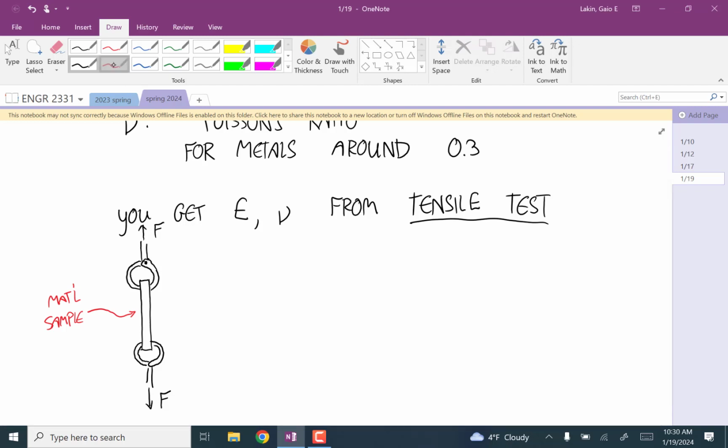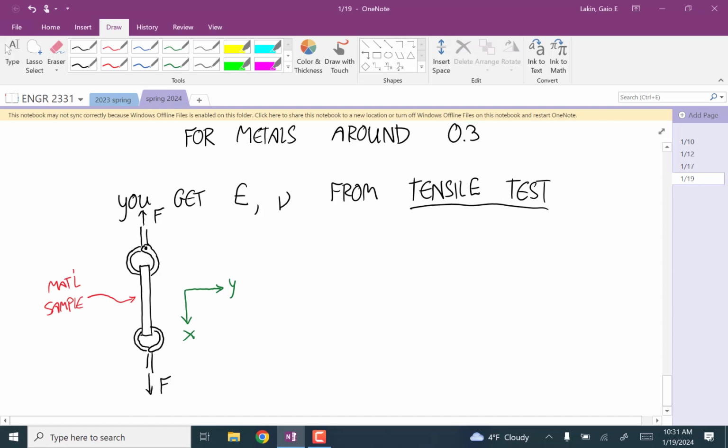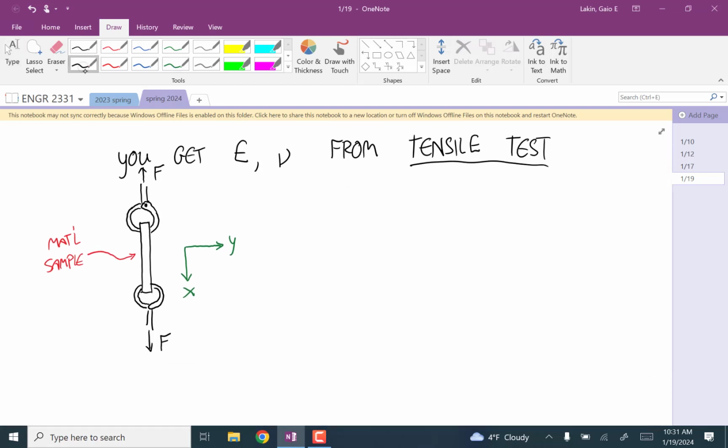We'll always use a coordinate system for this that has the x-axis along the long axis of the material, and y and z are then perpendicular to that. Okay, so what you do is, MTS, it's a huge Minnesota company that does testing.